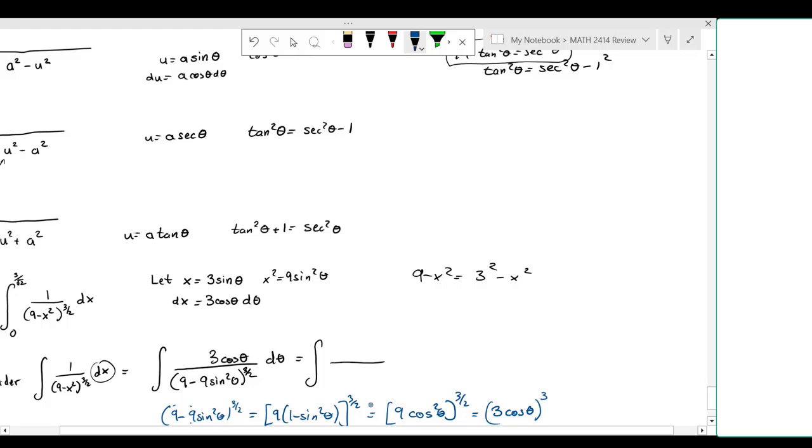And then we end up with 3 cubed cosine cubed in the denominator, and that indeed simplifies to 1/9 integral of 1 over cosine squared. And what's another name for 1 over cosine squared? Secant squared. So we get tangent.